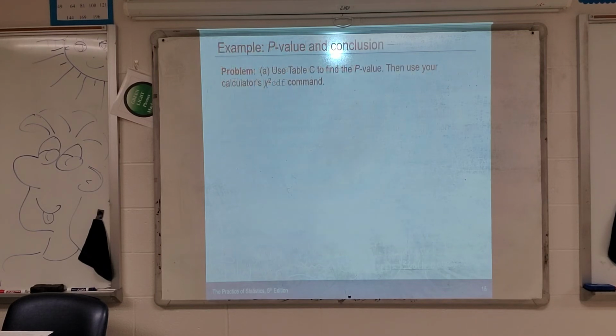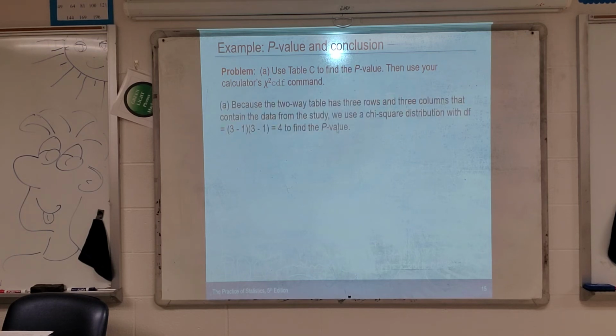To find our p-value, we can use a table or use the chi-squared CDF command. Of course, if we run the whole test, the calculator did it for us without us having to do it. It's pretty nice. Here's how you find the degrees of freedom though.